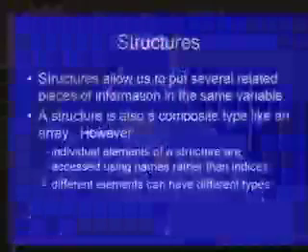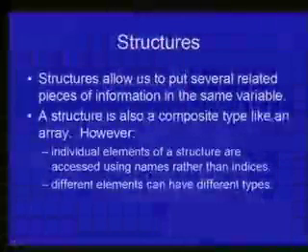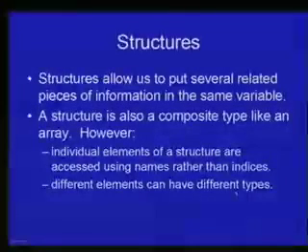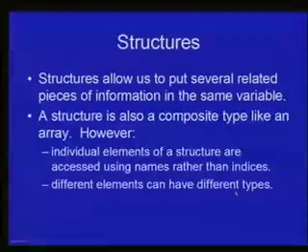The other difference is that in arrays the individual elements are accessed using a numerical index, which is an integer, whereas the different elements in a structure are accessed by different names. We can give different names to different elements, and that makes it very useful. And as I said, the elements of a structure can have different types, whereas the elements of an array all have to have the same type.